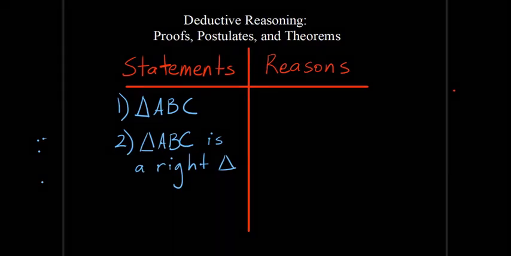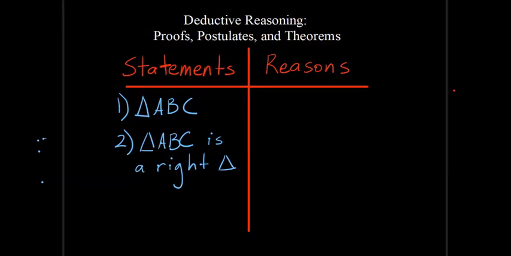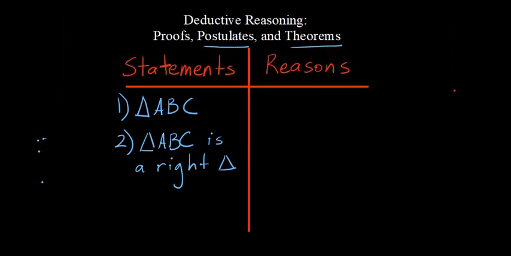My right-hand column is where I put my reasons for my statements. You have to justify everything in a proof. Every conditional statement you write down needs some sort of justification. This is where those postulates and theorems are going to come in handy. So let's give a quick example. My first statement was if I have triangle ABC.